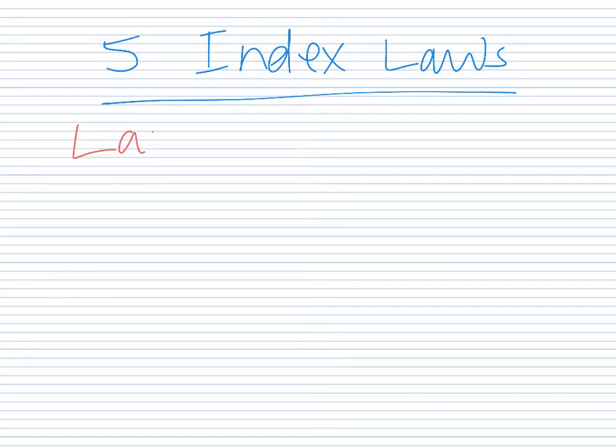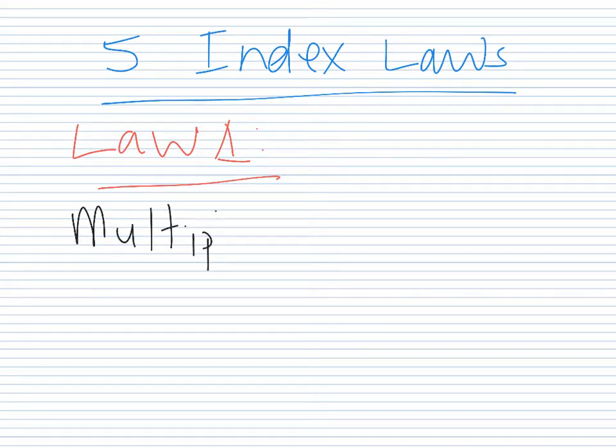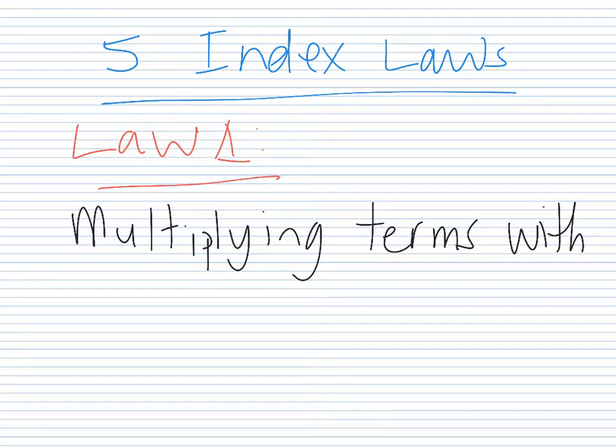So law number 1 tells us that when we are multiplying our terms, let me write this down for you, multiplying our terms with the same base. Now, hopefully you remember what the base is, and I'll remind you in a moment.